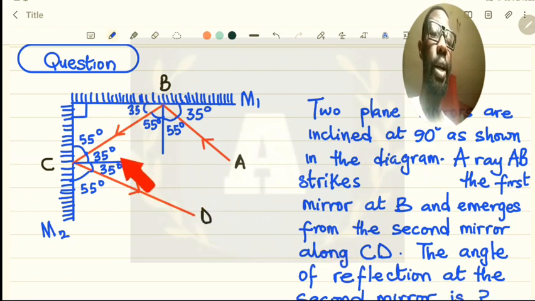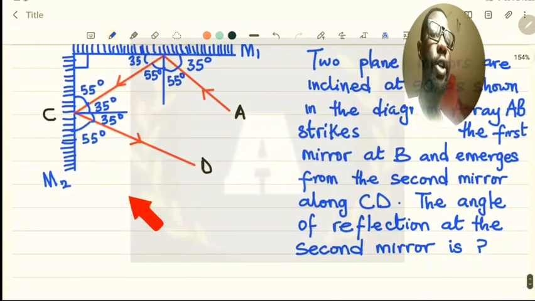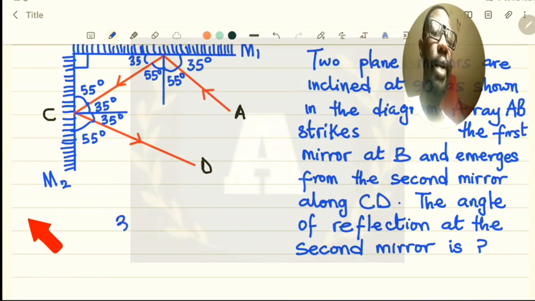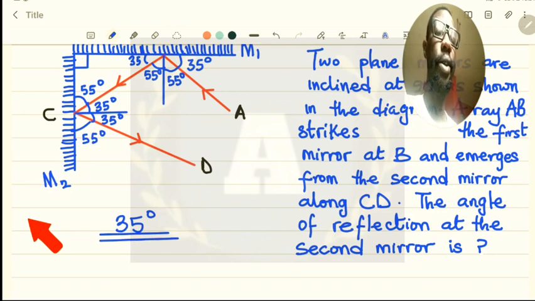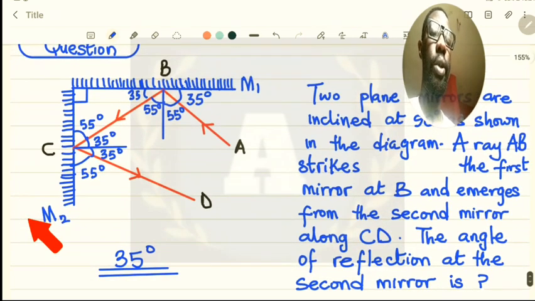From this diagram, the angle of reflection here is 35 degrees. So that is quite simple and logical.